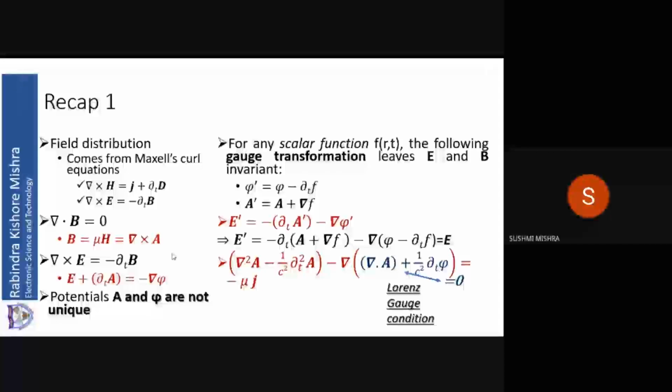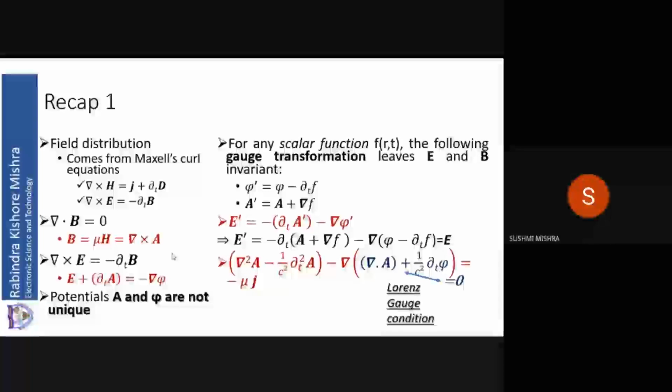To phi and A, we add something: to phi we added the time derivative of a function, and to A we added the gradient of a function. The function f is a scalar function.